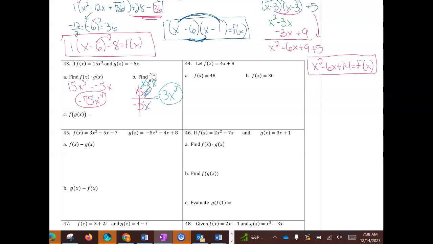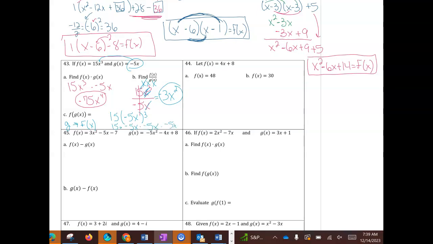So C is the newer thing that we looked at this semester. We have f of g of x, which simply means that g's function will go into f's function. So all of this is going to go right where the x is. So I still have the 15, but instead of x being cubed, I have -5x that's being cubed, which technically just means there's 3 of these -5x's.